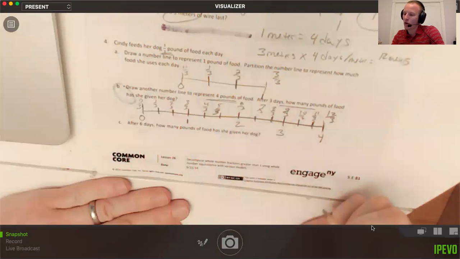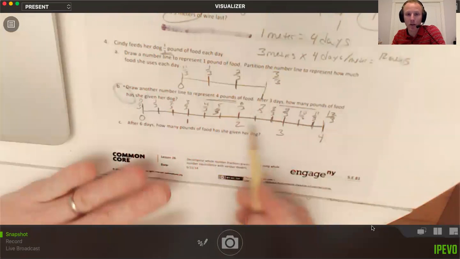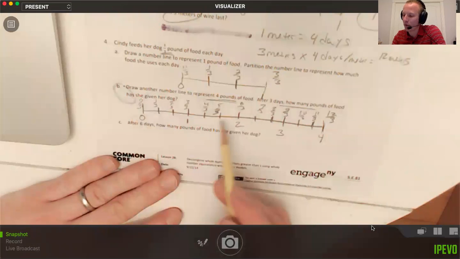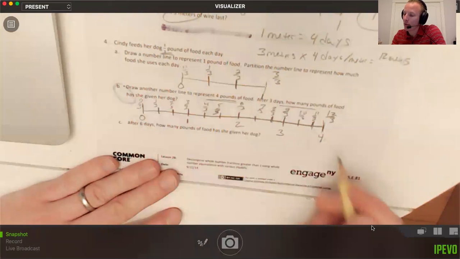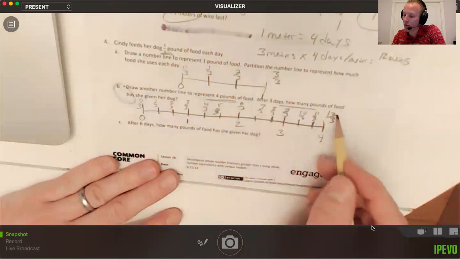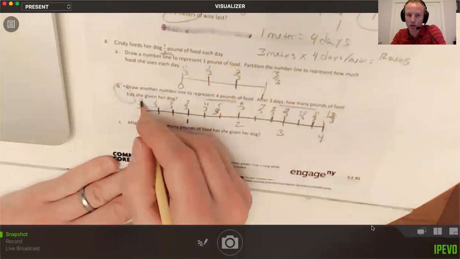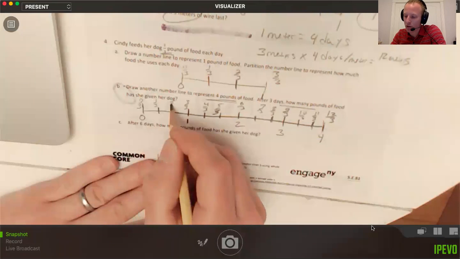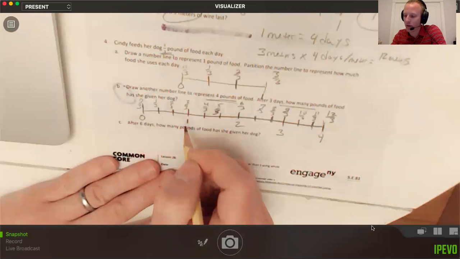Okay. So I've now done this first part, right? I've represented 4 pounds of food on my number line. This is 4 pounds. After 3 days, how many pounds of food has she given her dog? Okay, so on day 0, she's given 0/3. Then day 1, she's given 1/3. Day 2, she's given 2/3. Day 3, she's given 3/3.